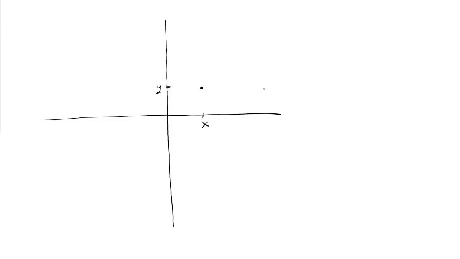We've already seen from our discussion of the unit circle and the earlier stuff in trigonometry that x is r cosine theta. The x-axis is always cosine. And y, I'll write it over here, is r sine theta.